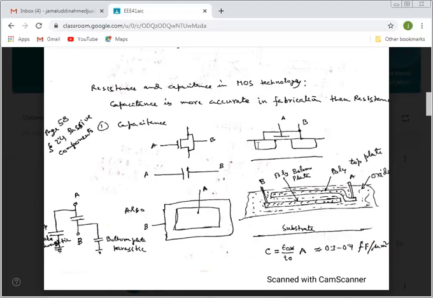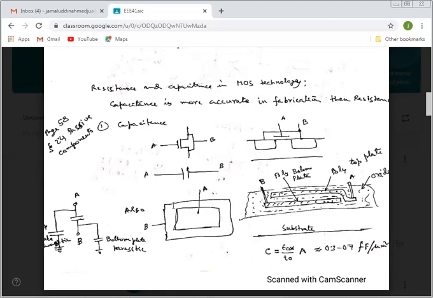So if you see in a three-dimensional view or the cross-section view, the source and drain is connected to the B point and the gate is to the A point. So the gate and the gate oxide here act as a capacitor.